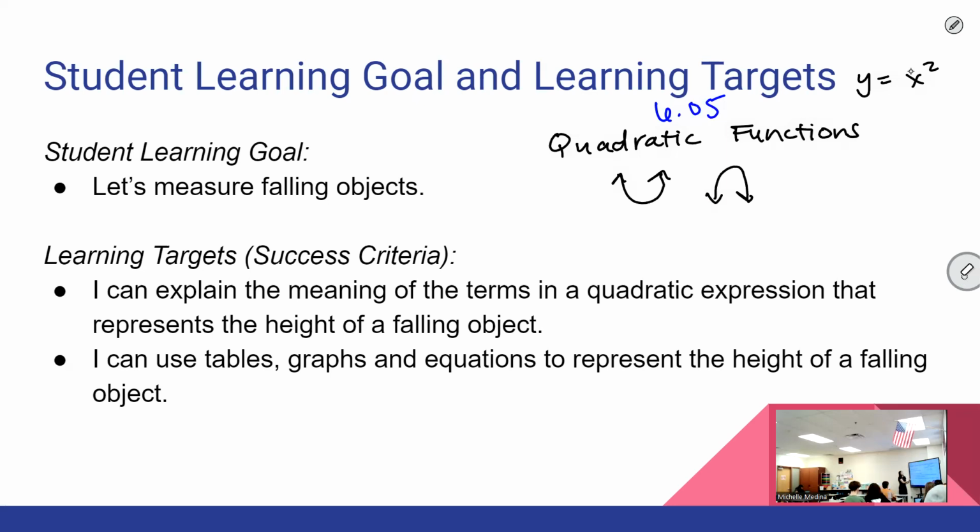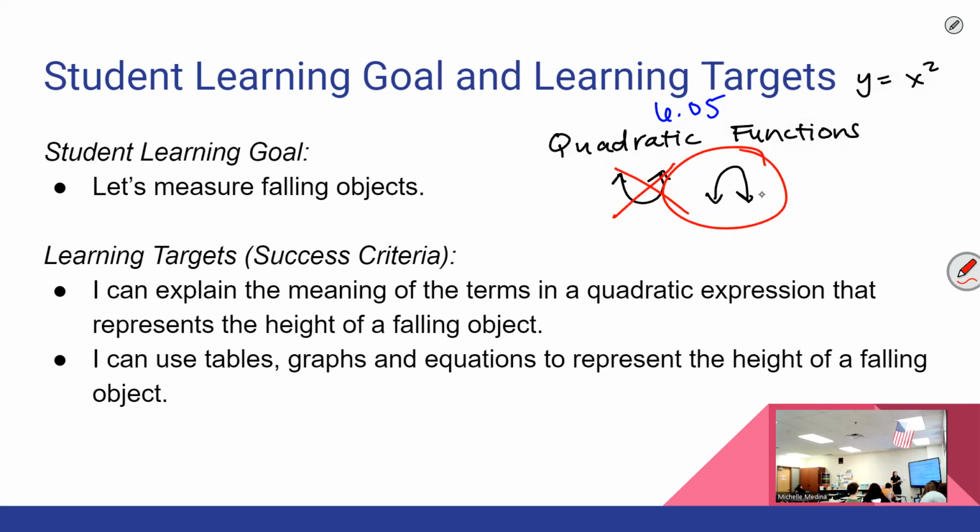But this week, it's more like the real life situation. Now, can you think of a real life situation, and we're talking about falling objects right now, where we drop something and then it goes back up? Does that usually happen where we drop something and then it goes back up? So then it's not necessarily going to be this type of quadratic.